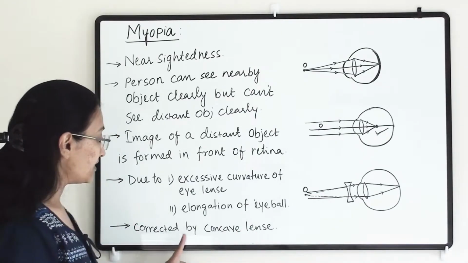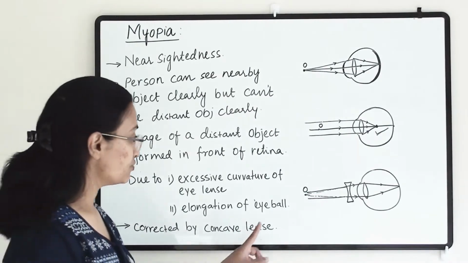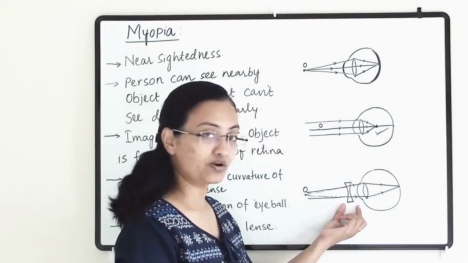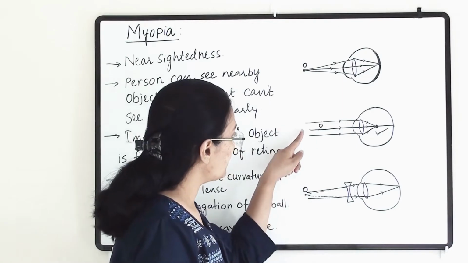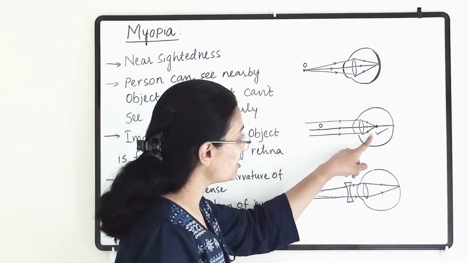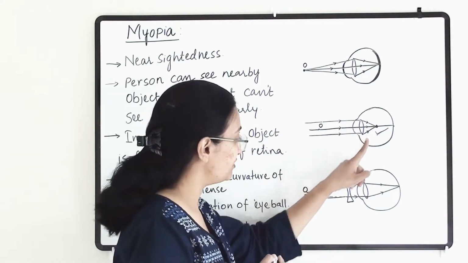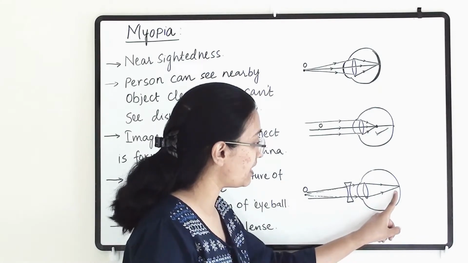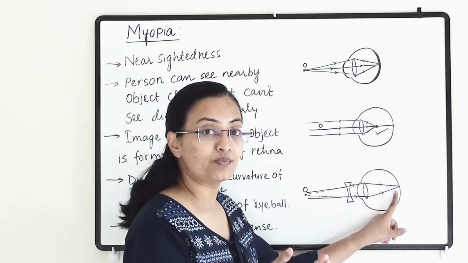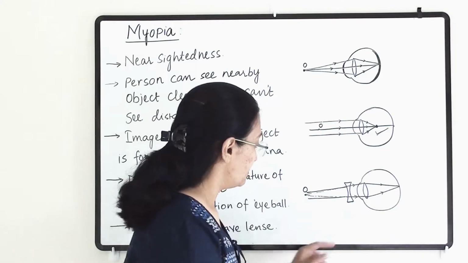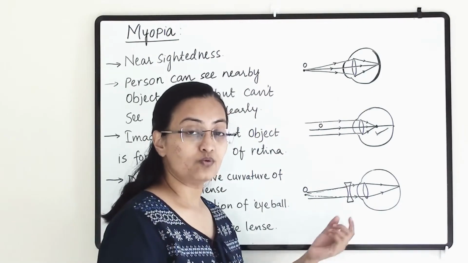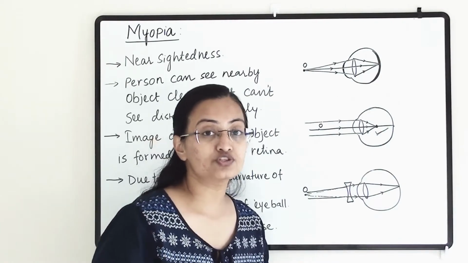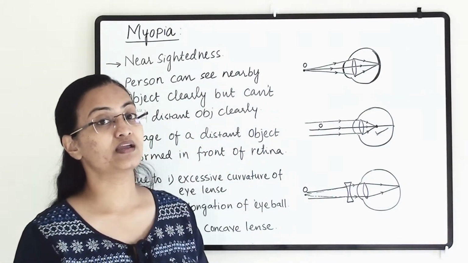Now this can be corrected by a concave lens. So here we have placed a concave lens in front of the eyeball, and here we can see that the defect, where the image was formed in front of the retina, has been corrected, and now the image is forming at the retina, because we have kept a suitable concave lens here. Now whether a concave lens is suitable or not will be decided by its power.